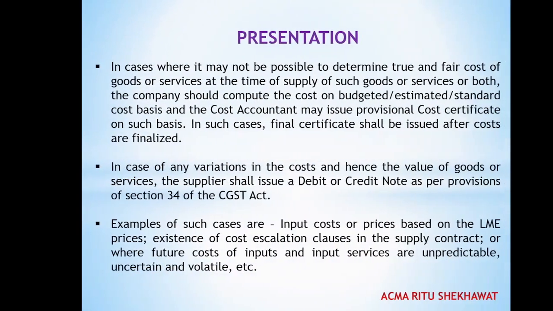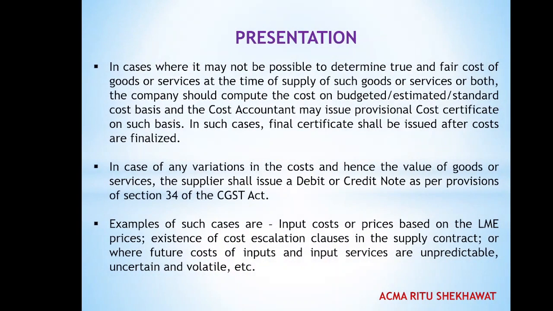In case it may not be possible to determine the true and fair cost of goods or services at the time of supply, if it is not possible to determine the actual value, then the company is asked to compute the budgeted, estimated or standard cost, and on that basis the cost accountant can issue a provisional cost certificate. The final certificate shall be issued only after the costs are finalized.